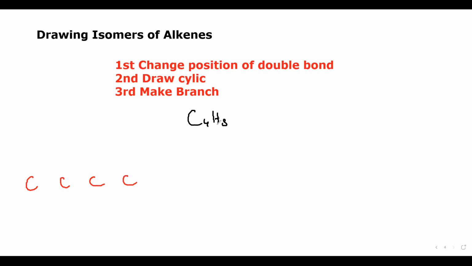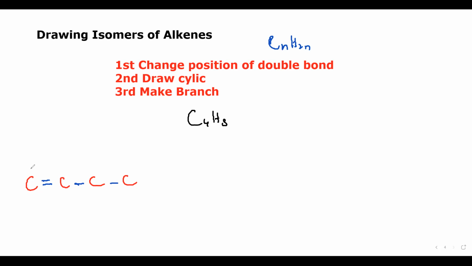Because the number of hydrogens is twice the number of carbons, it's an alkene, so it should have a double bond. One of the carbon pairs should have a double bond. First I place a double bond at the first position, and the rest have single bonds. It's not a double bond with all of them. That is wrong. Only one double bond is there and the rest are single bonds.